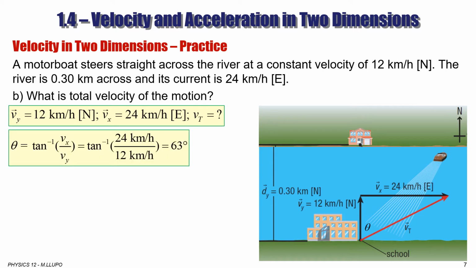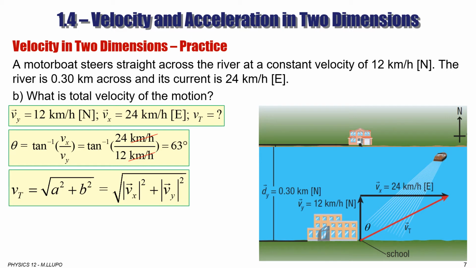So find the direction, which is Vx over Vy. 24 divided by 12, the kilometers per hour actually cancel, and it's 63 degrees. So theta there, you see that is the y, so theta is 63. And then you can use the Pythagorean theorem to find the magnitude of the total velocity.